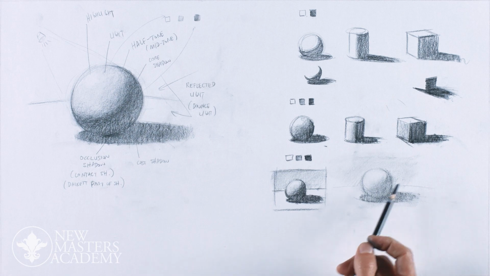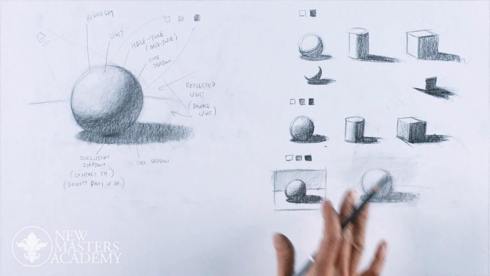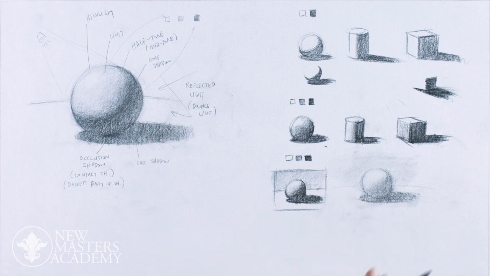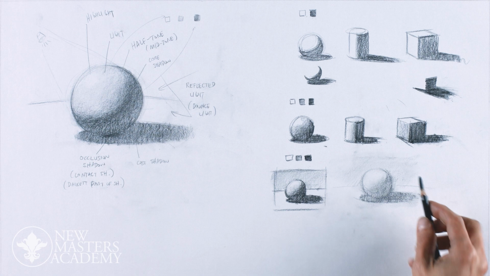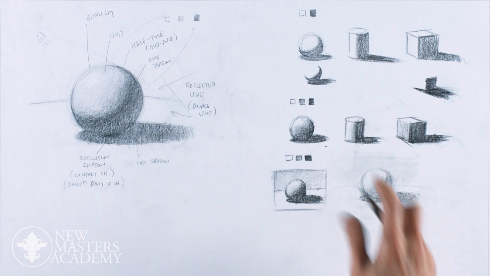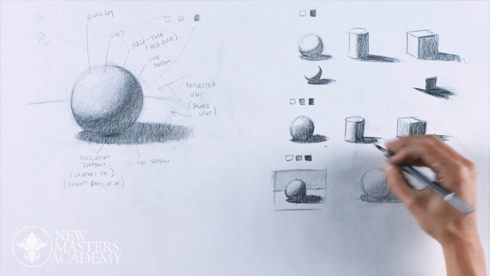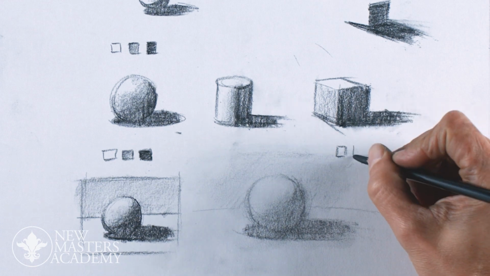It doesn't have to be that dark. It could be a much lighter value in terms of the full range of values you can get, but relative to your picture, your idea, your sketch, your drawing, your thumbnail, it's shadow. So this is my shadow value. It's not as dark as what we place here, but relative to this little sketch, this is shadow.